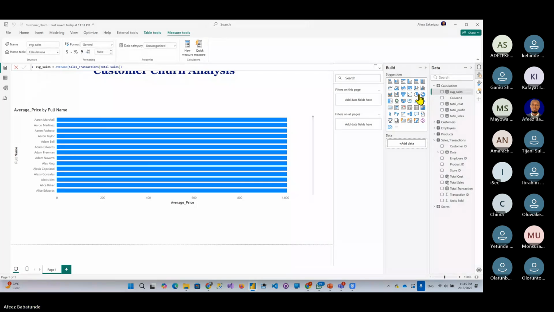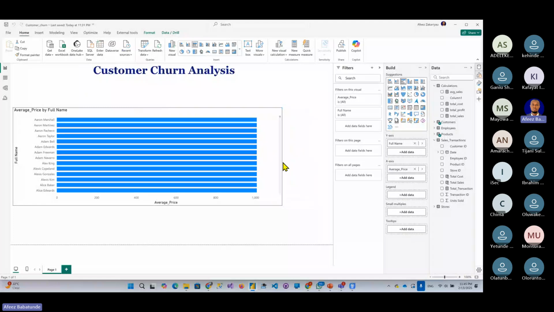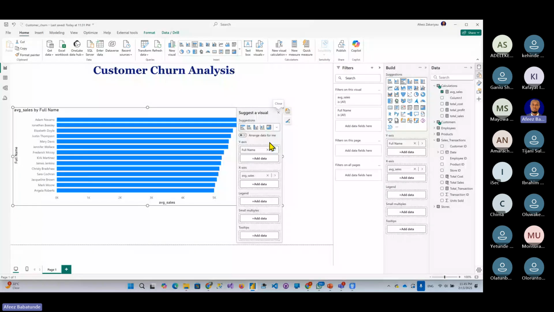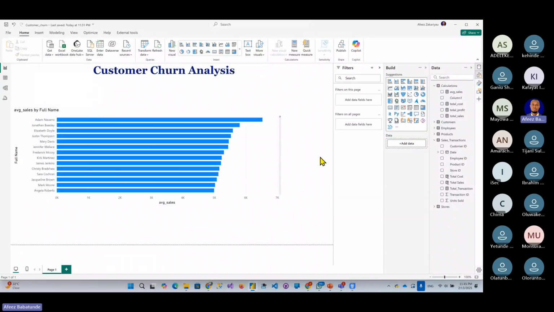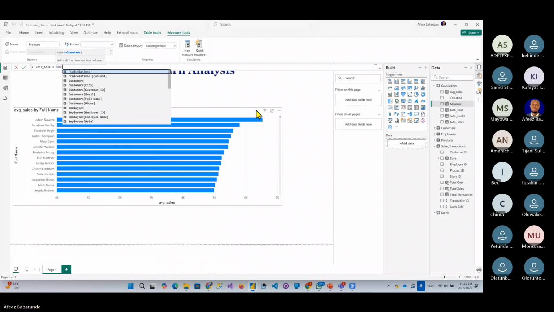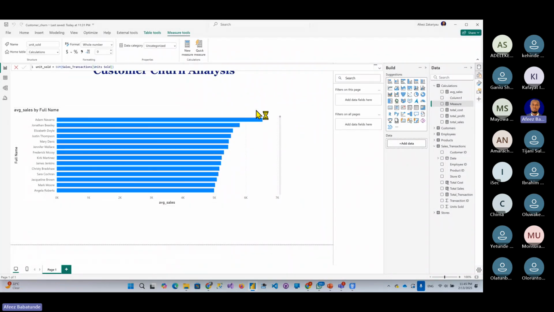Now this is what you want to get by customer, right? You have our customer here, and then we have average sales by customer. Then you can get the frequency, units sold. So you can get units sold by customer, and then you get their average sales.